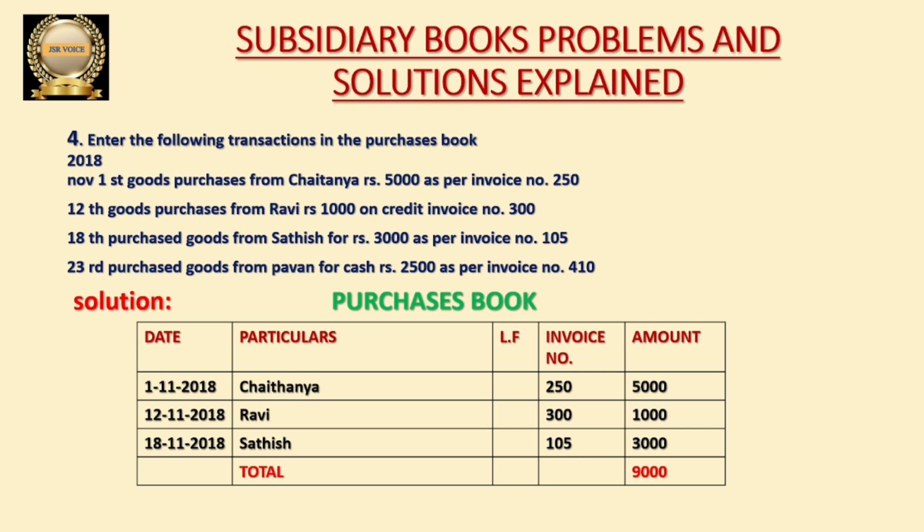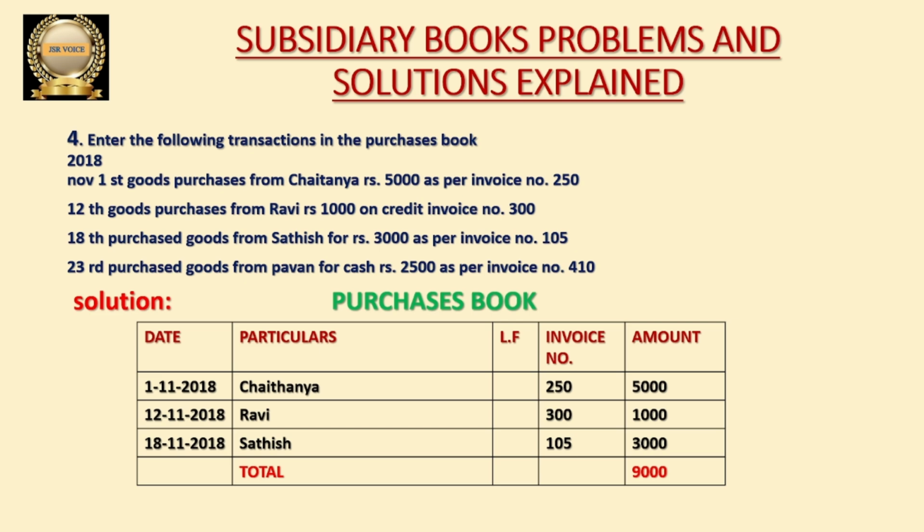It is not satisfying the third condition, so we should not record, because it has to satisfy all three conditions, then only we will record in the purchases book. If it is not satisfying even one single condition, then we should not record, we should keep it aside. How do we come to know here? The word cash is mentioned, so they purchased goods for cash from Pavan. So it is cash purchases, don't record it. That is why I did not write it in the purchases book.